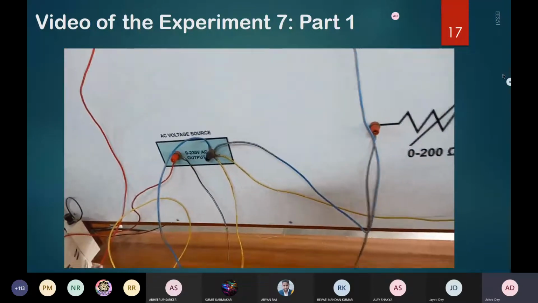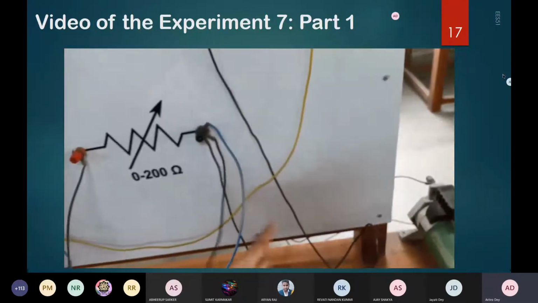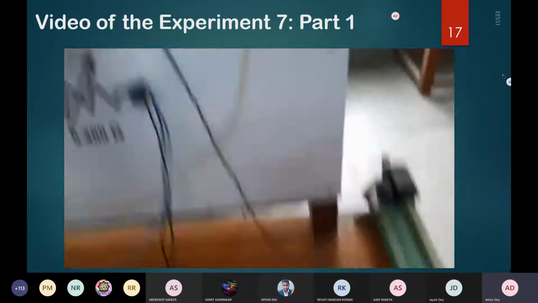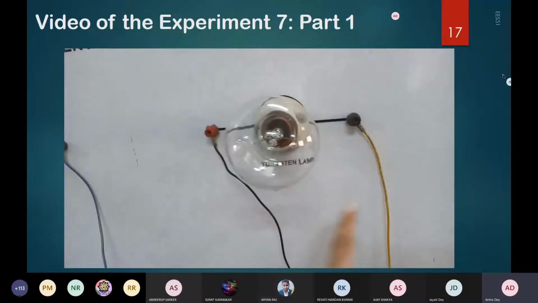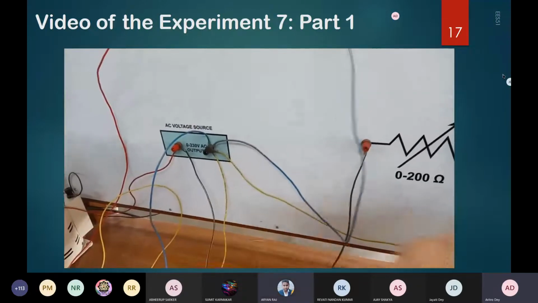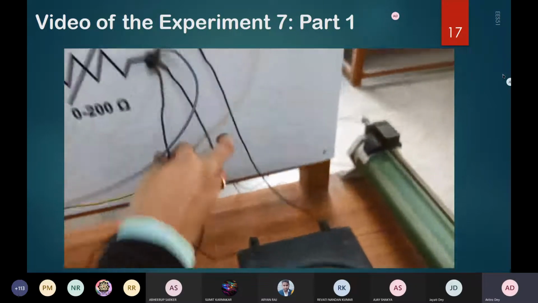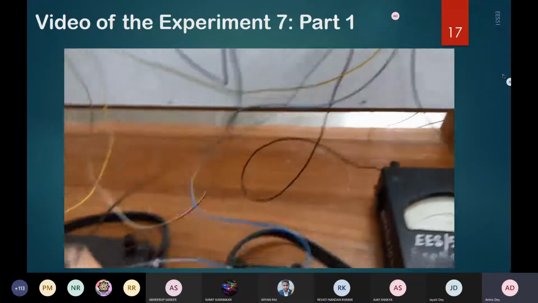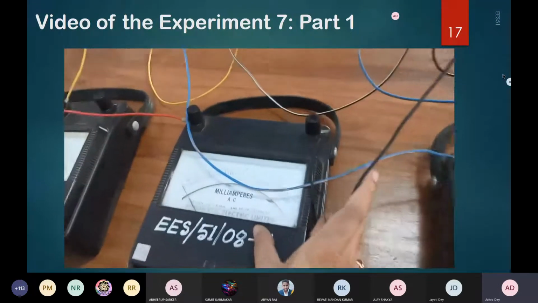Like this. From the rheostat, one path will go to the ammeter A1, and through ammeter A1 to the tungsten lamp, and then from the tungsten lamp to the variac. Similarly, from the other terminal of the rheostat there is another ammeter, ammeter 2, for the carbon lamp.